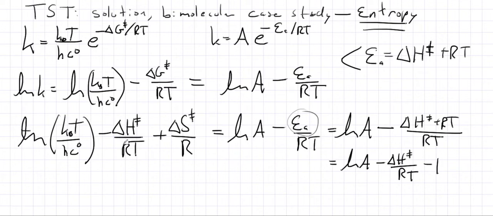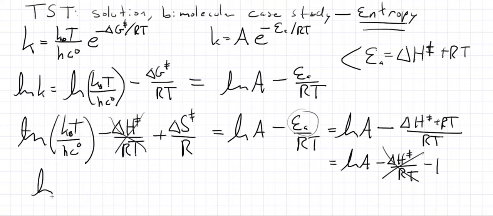Now on this side over here, don't forget, this was all just the Arrhenius equation, but we plugged in the expression for EA from transition state theory. Over here we've got our transition state theory, and we can say, oh, look at this. Delta H double dagger over RT, we can add that to both sides to cancel it.